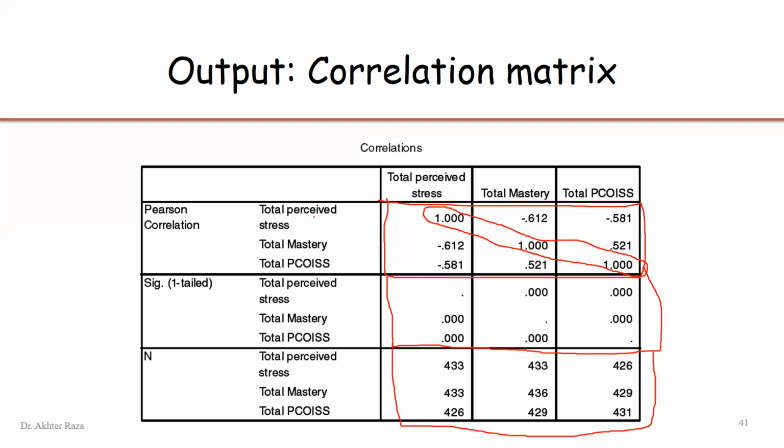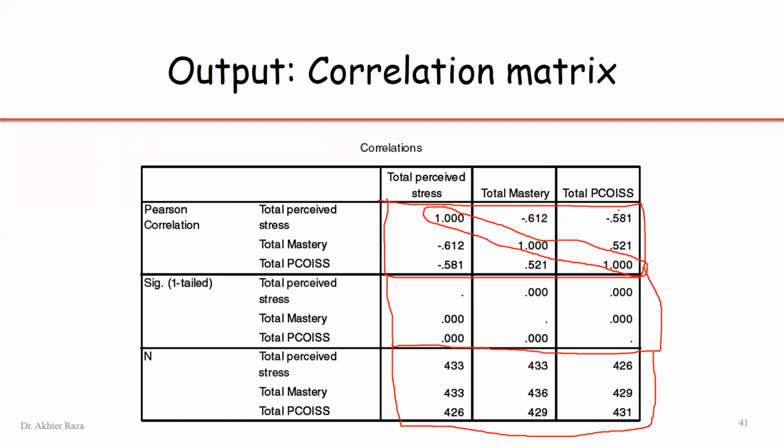One of them is the correlation between the perceived stress and the mastery control, which is minus 0.612. And the correlation between the perceived stress and PCOISS is minus 0.581. What is the impact? Mastery control reduces the stress. The negative sign is indicating that the higher value of the mastery control produces a lower value of stress, meaning we have a small stress if we control events on a regular basis.